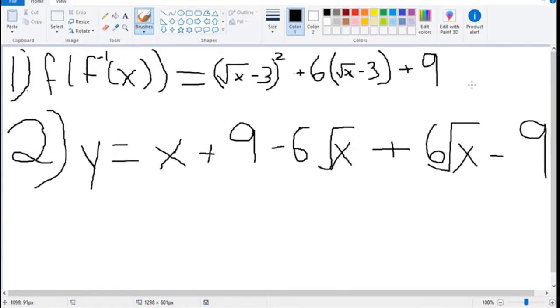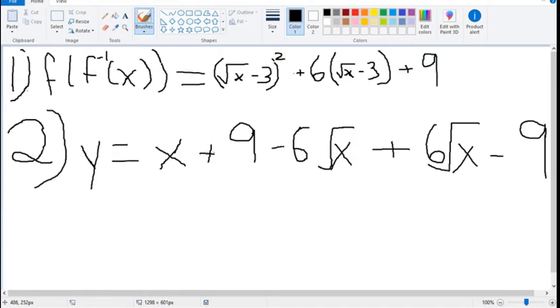The final step we have in this equation is to check our work. So the first thing we're going to do is find f of the inverse of x, which would be this right here. You can see I've replaced the x's with the inverse of x. So then the next thing we have to do is simplify it, which I've done down here.